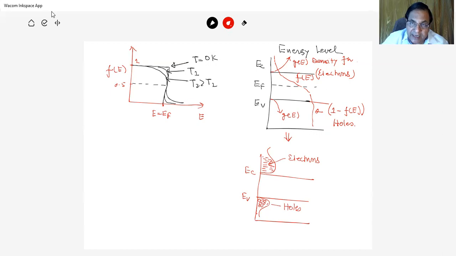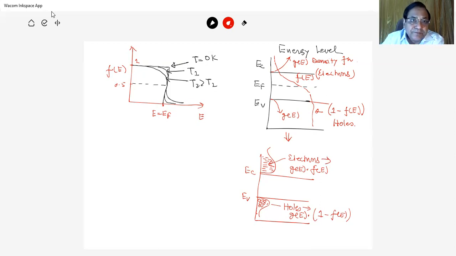The carrier density can have g(E) into f(E) for electrons and g(E) into 1 minus f(E) for holes, the hole function and then the electron function.